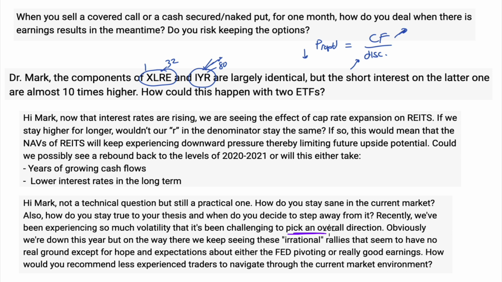I have a feeling for where I think the market is going to go, but I structure my portfolio such that my exposure to market risk is either higher or lower depending on how I feel. And I have different time horizons in my portfolio. I have some positions that are there as hedges for days or weeks.